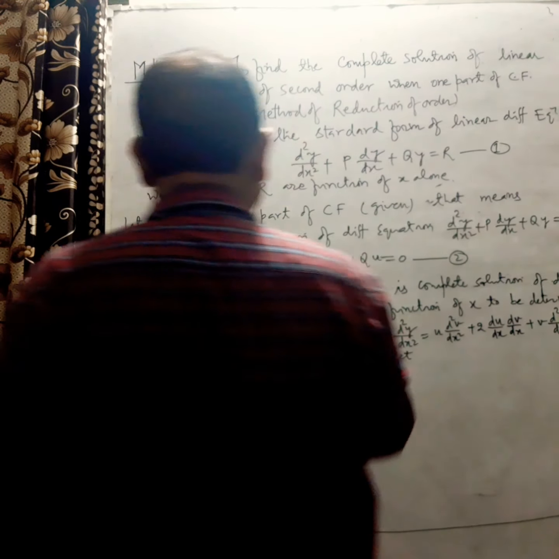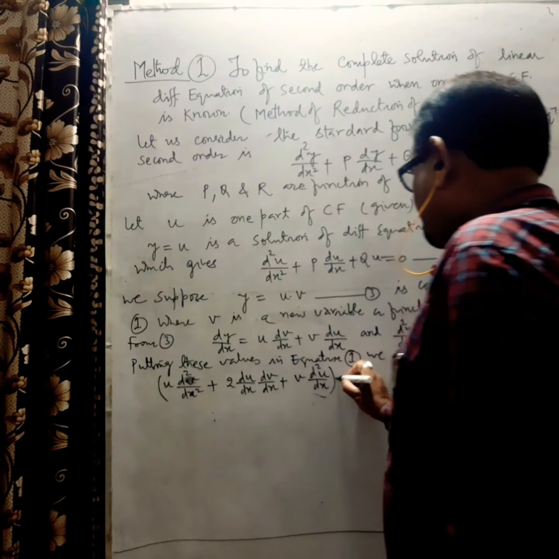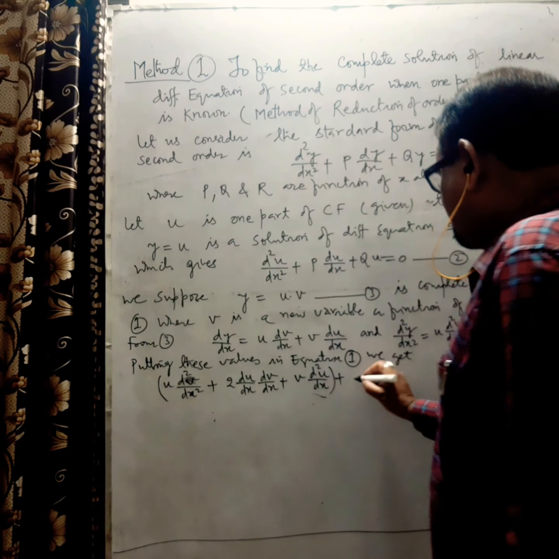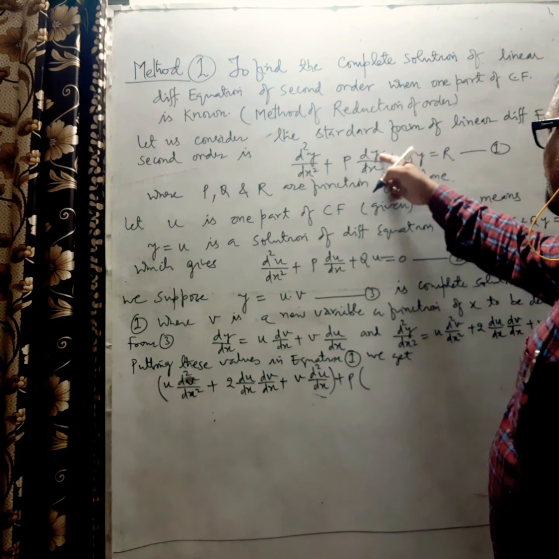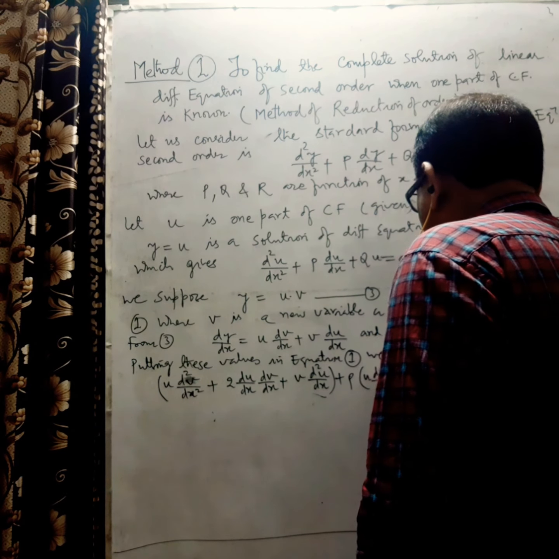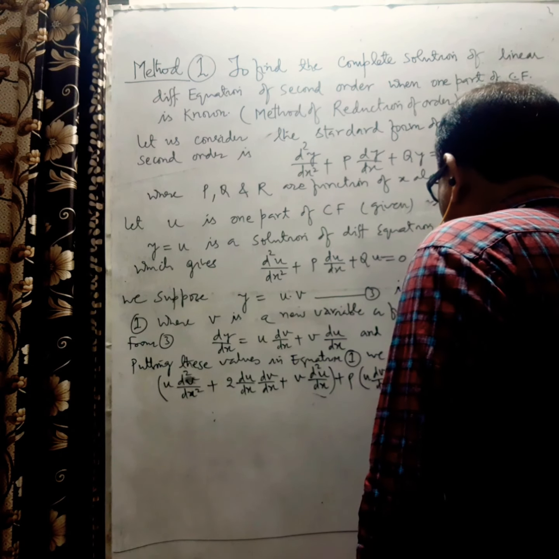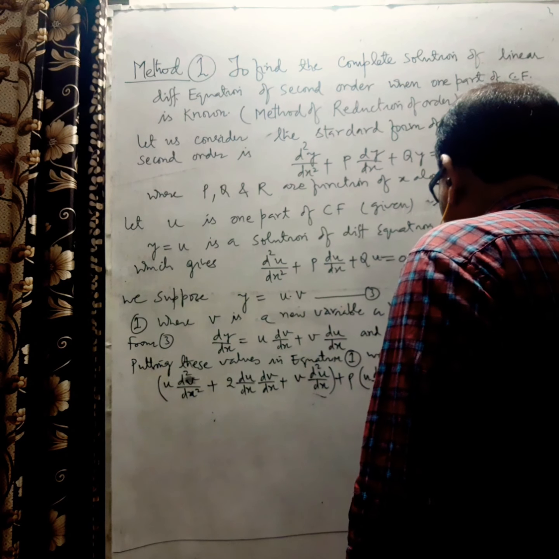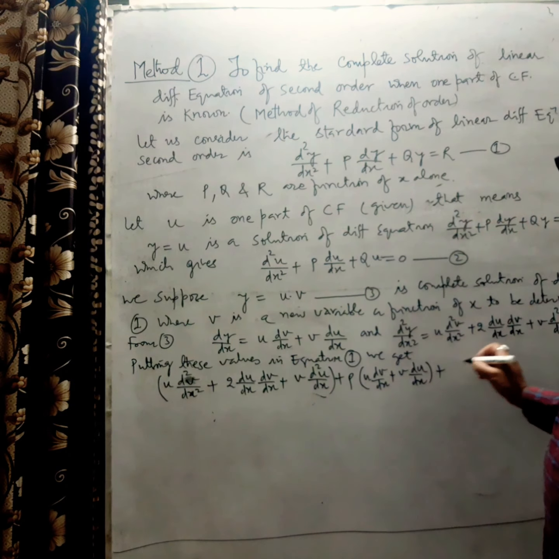This is the value of d2y upon dx square, plus p times dy upon dx, which is u dv upon dx plus v into du upon dx, plus q into u into v is equal to r.